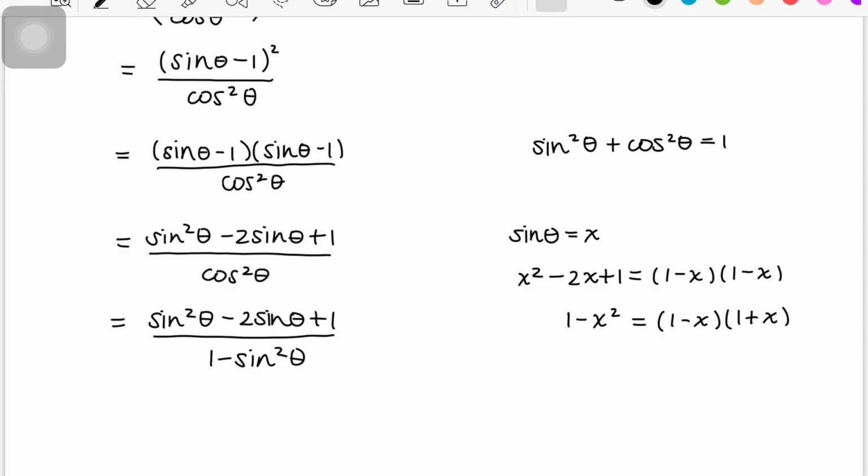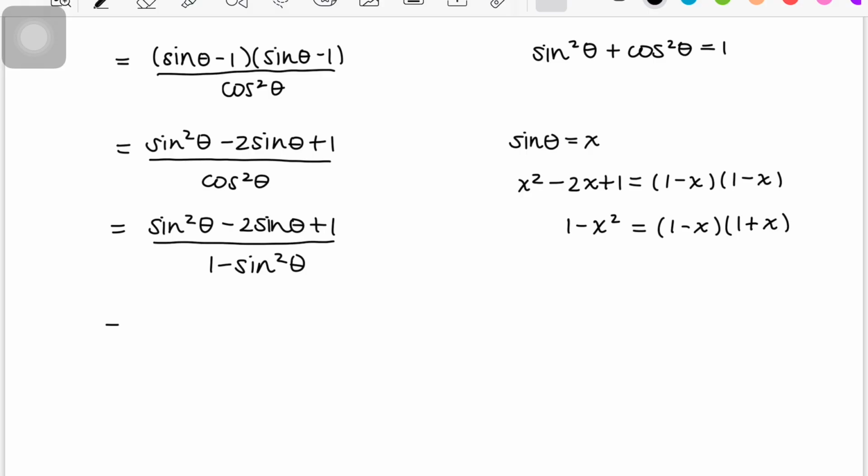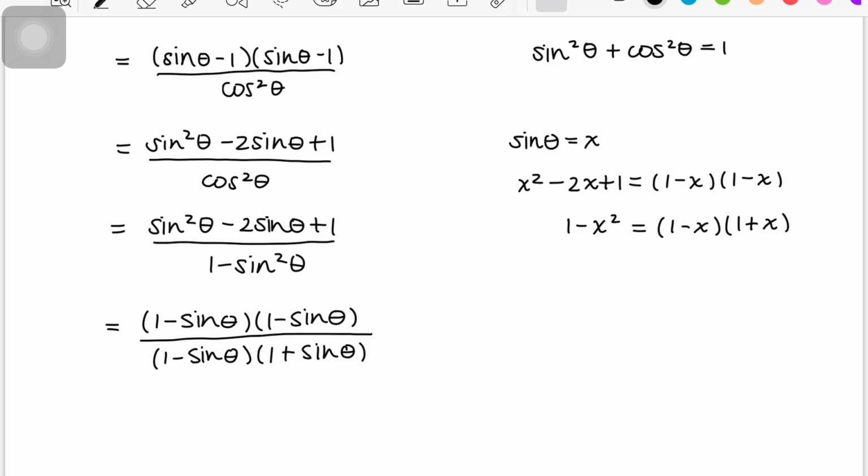So with that information, we will factor the numerator and denominator of this guy. We'll end up with 1 minus sine theta times 1 minus sine theta over 1 minus sine theta times 1 plus sine theta.